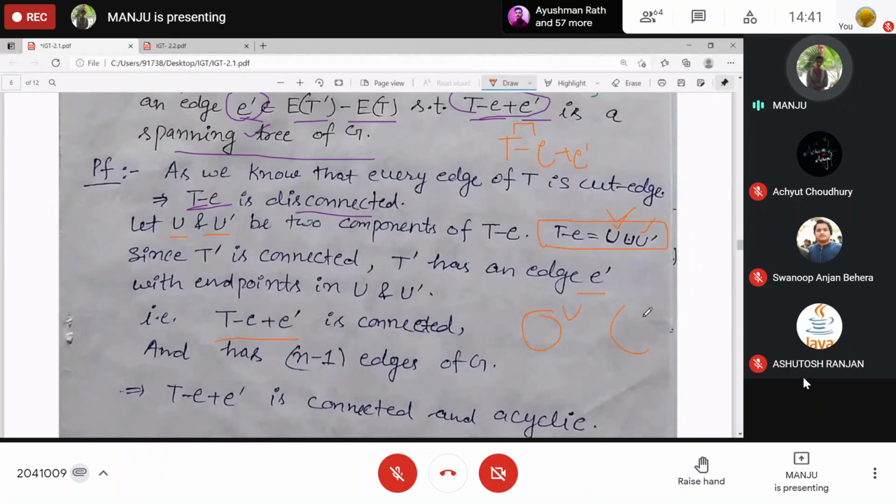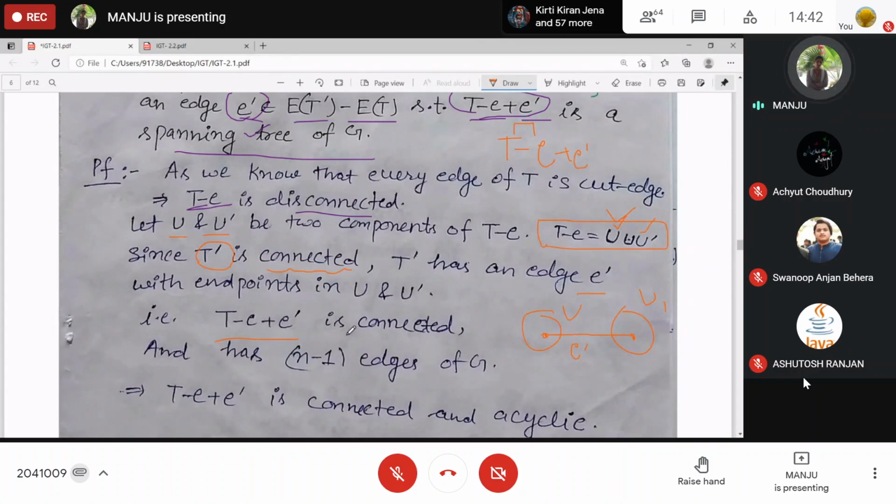We have U and U dash over here. So we have taken this T dash, this spanning tree, and we have taken that edge of T dash that connects U and U dash. And this type of edge will surely be there because T dash is connected. Okay. So this E dash is again connecting your U and U dash, right?